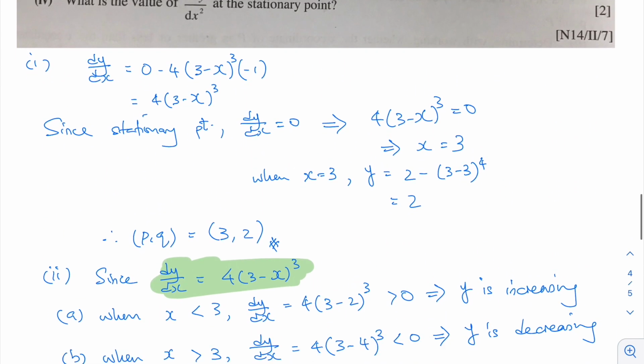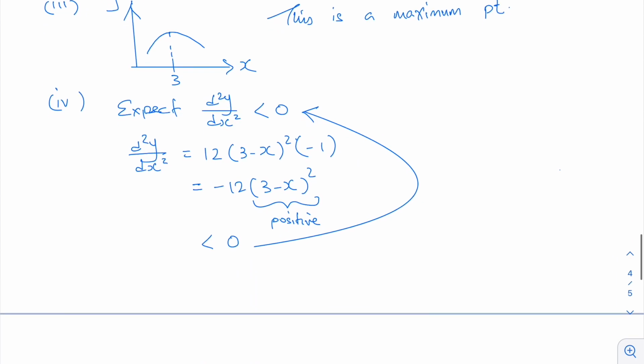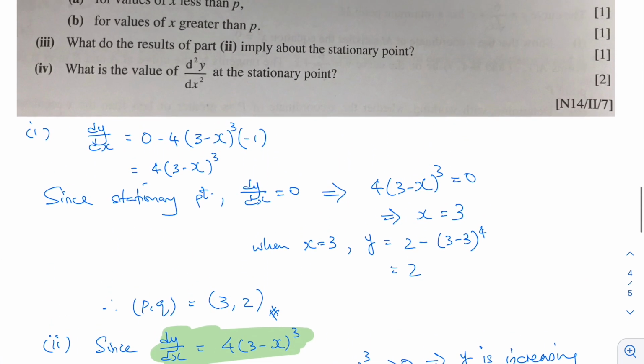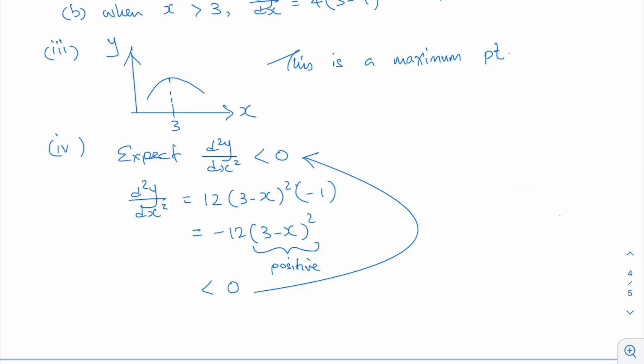So what's the value of d²y/dx²? The value of d²y/dx² is actually when x is 3. Now we expect d²y/dx² to be smaller than 0 for a maximum point.